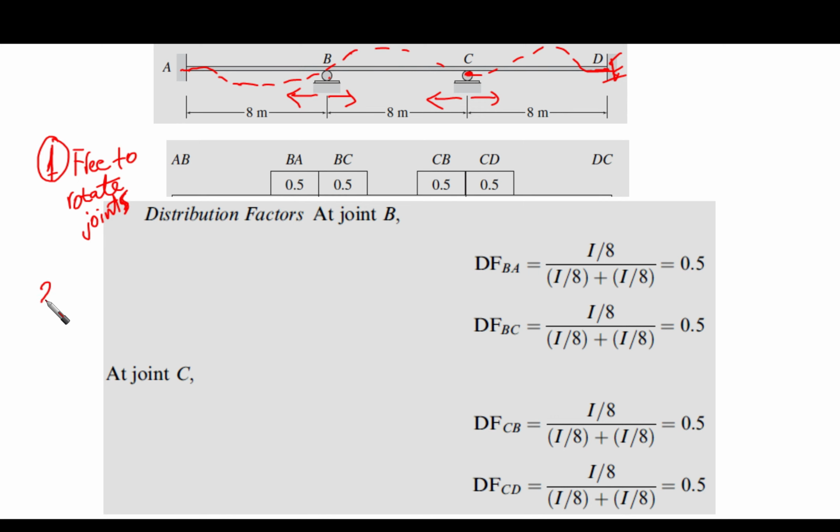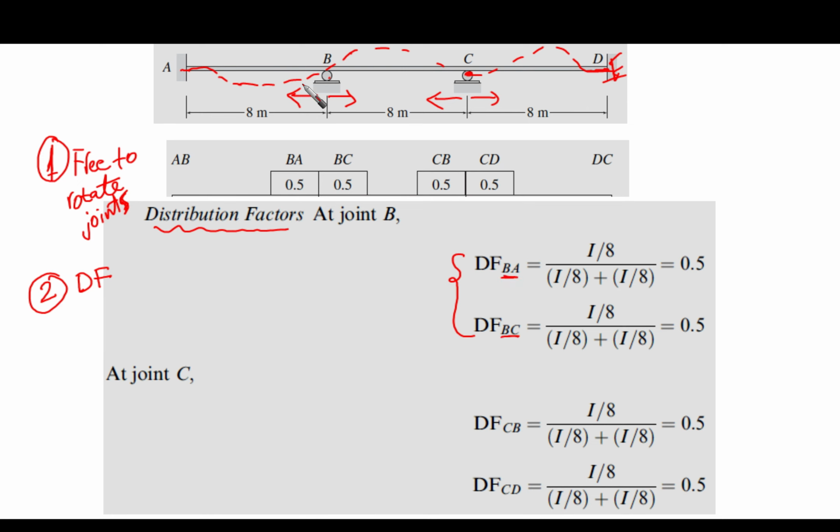The second step is the distribution factors, which we are going to make here. The distribution factors are going to be determined at point B and at point C. So we will have two distribution factors at point B, DFBA and DFBC.